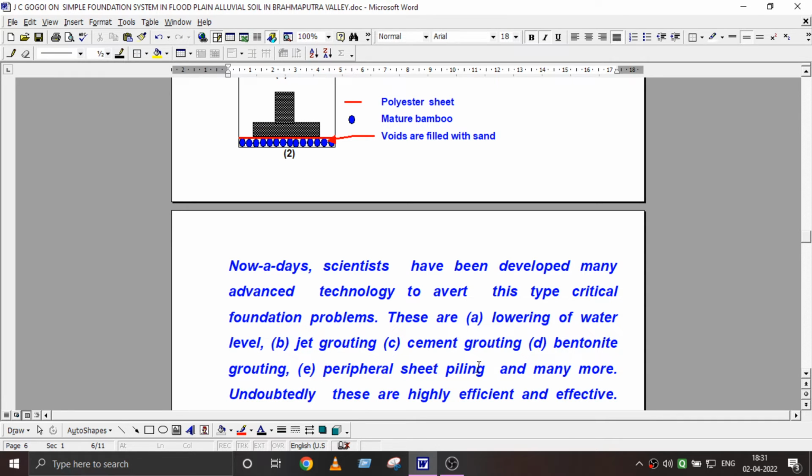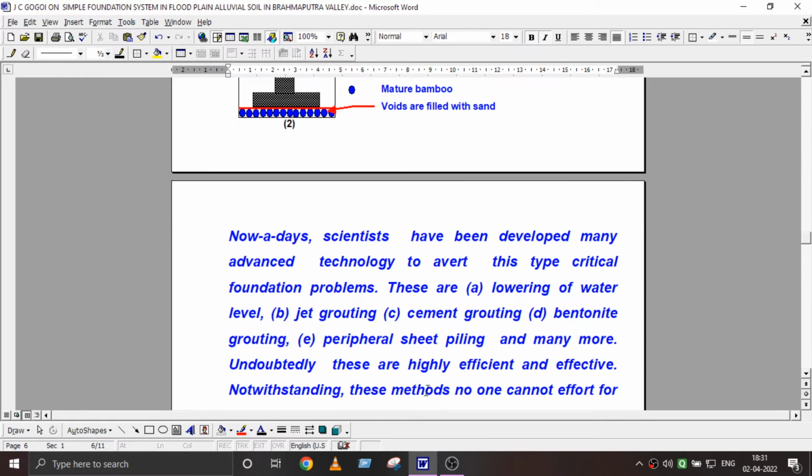is only effective if there is some impervious layer below the sandstone, either impervious clay soil or hard rock. Then only sheet pile shall work properly. Otherwise, we can provide lateral protection by sheet piling, but vertical permeability we cannot prevent.